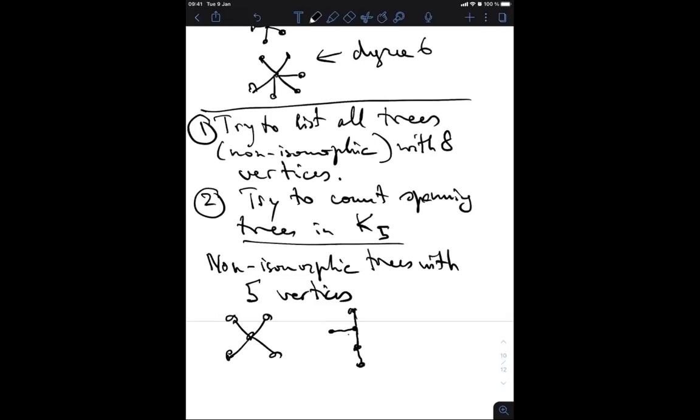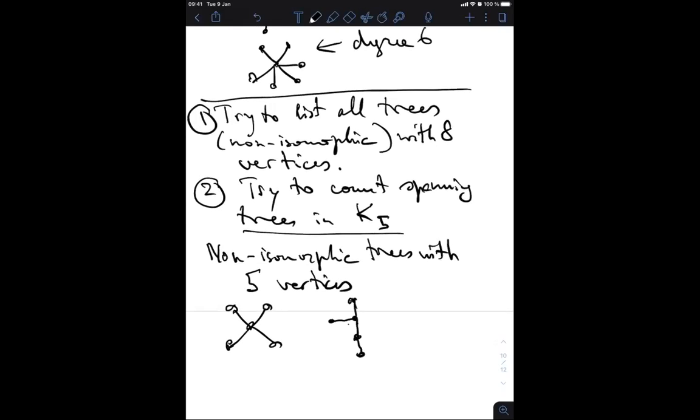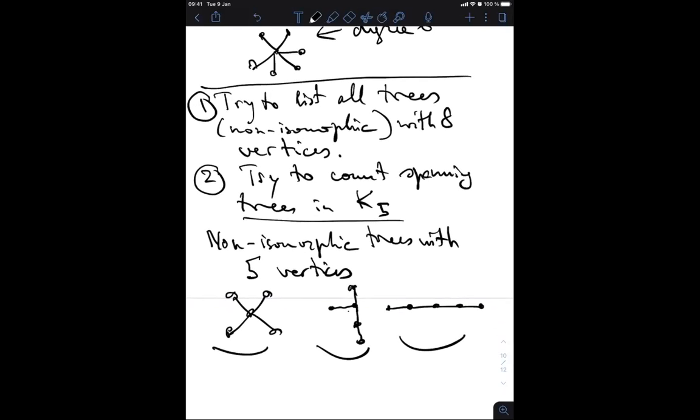So that's the only possibility of having a vertex of degree 3. And finally, we have a path with 5 vertices. These are 3 possible types of trees. All of them will appear as spanning trees in K5, and you have to count how many times each of these will appear for different choices of labels of vertices.